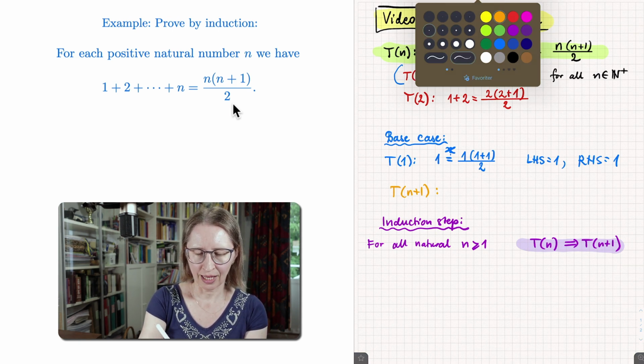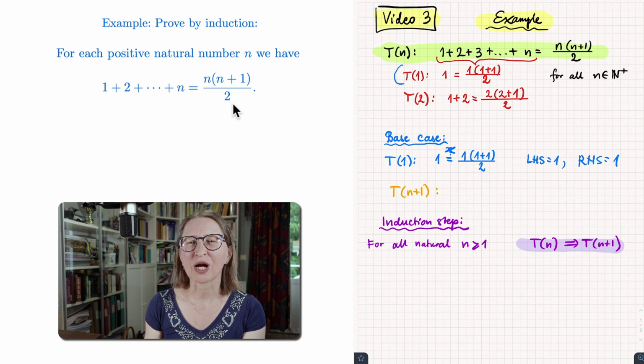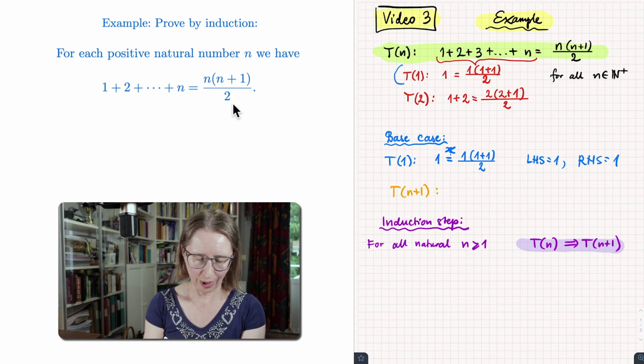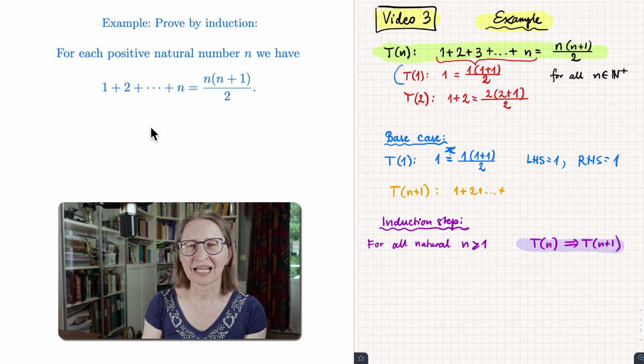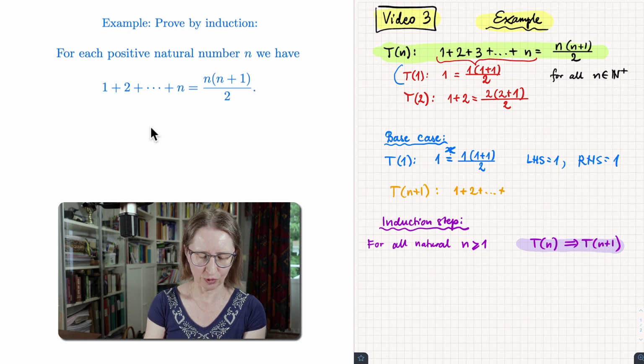And now we are supposed to write the statement for the next number after n. How will this one look? Well, it is 1 plus 2 plus, and here we have to take the sum of the first n plus 1 positive natural numbers, right? So behind n we will just add n plus 1.